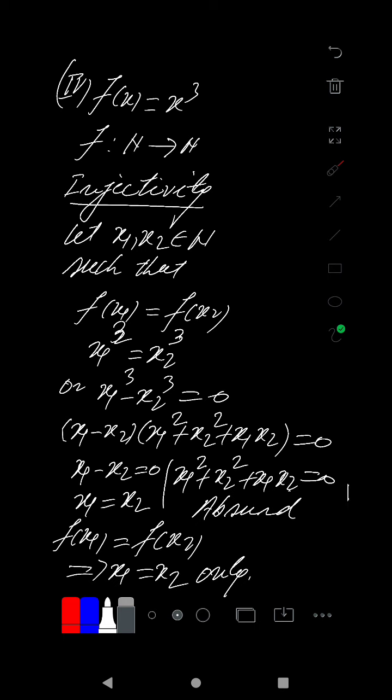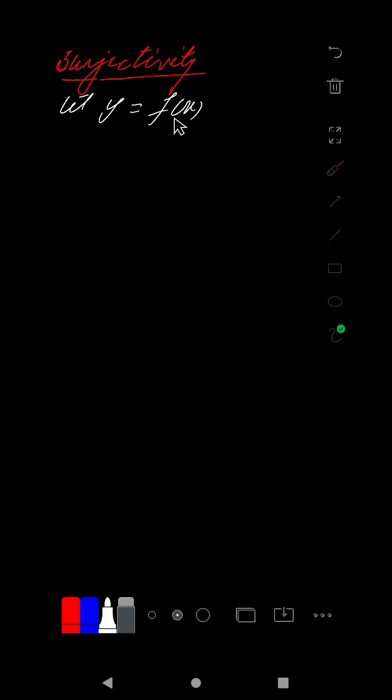So the criteria of one-oneness is satisfied, and we may say that f is a one-one function or f is an injective function. Now let us check surjectivity of the function. Let y is equal to f(x), y is equal to x cube implies that x is equal to cube root of y.